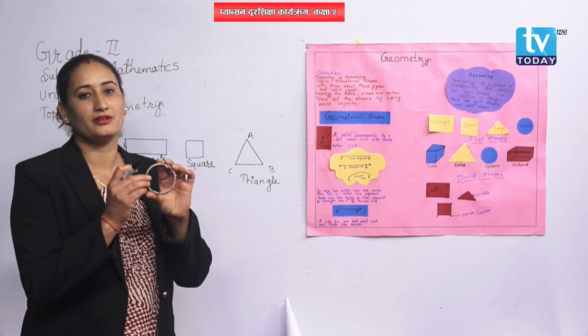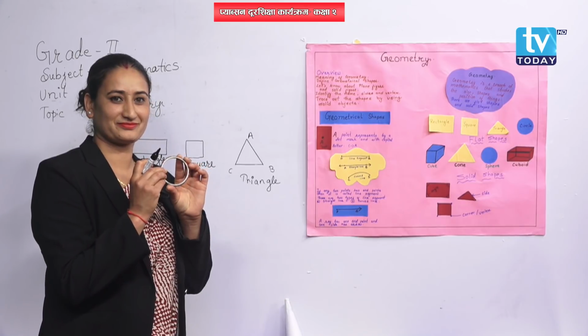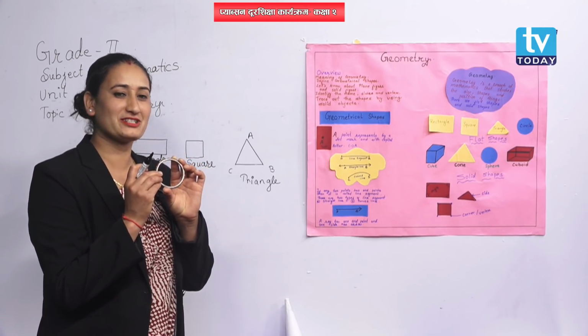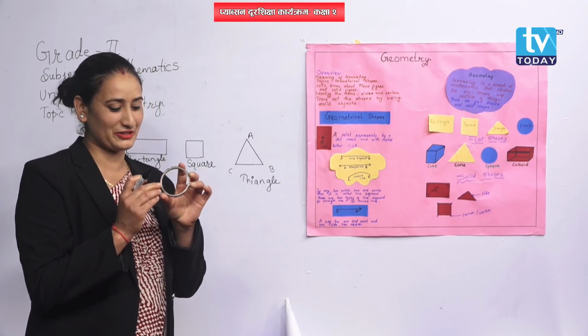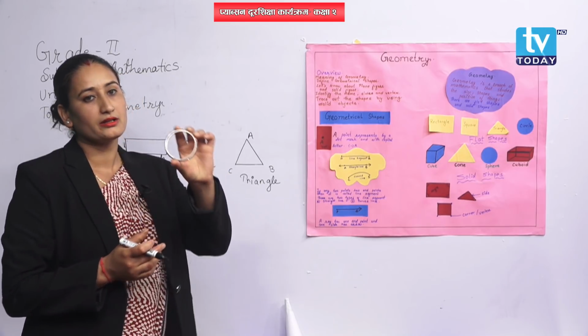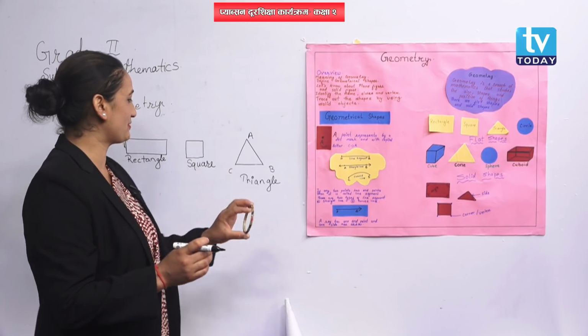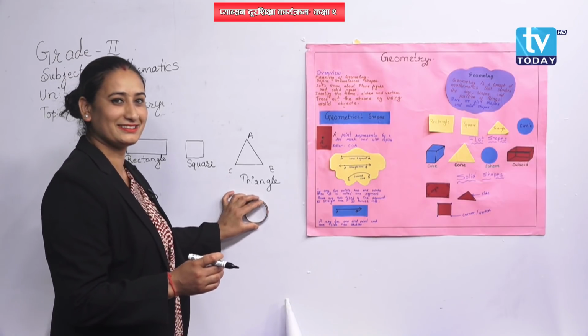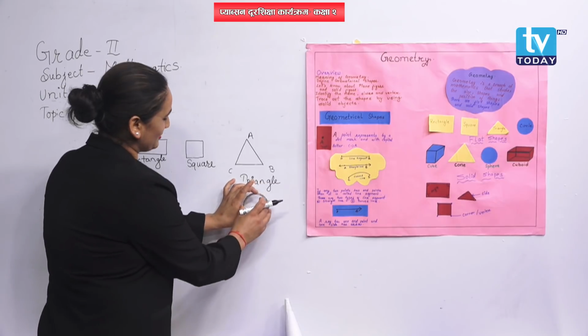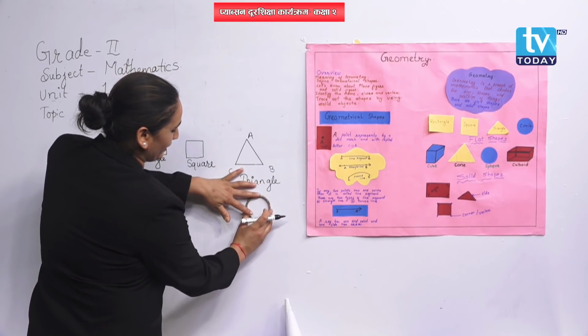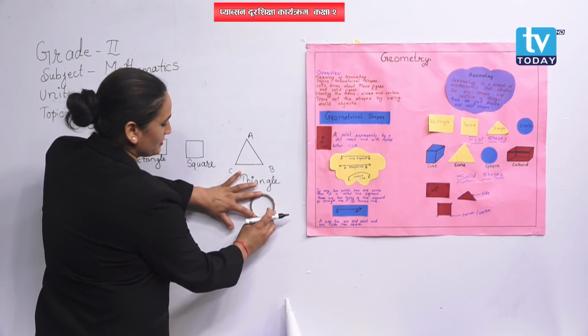Ask your mother for a bangle. She will provide it, obviously, right? See, take the bangle. With the help of the bangle, you can draw a circle. Put the bangle over here like this, and trace out the circle.